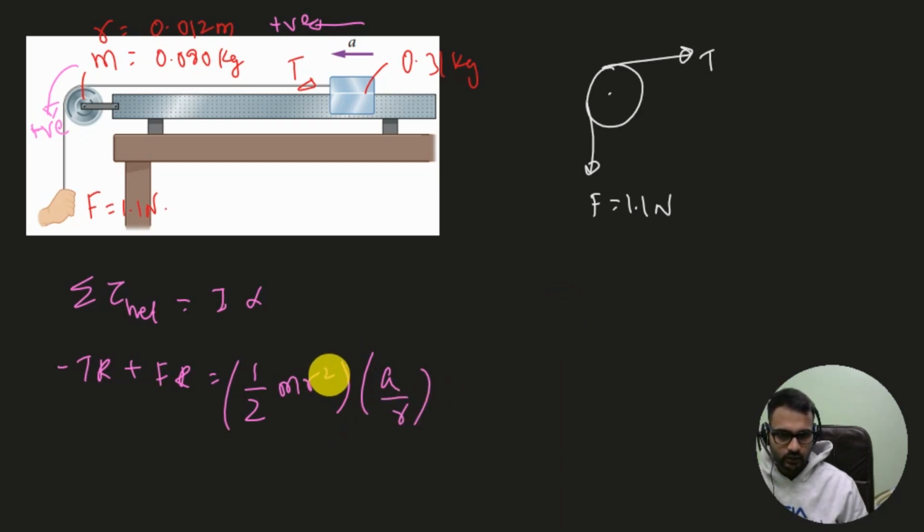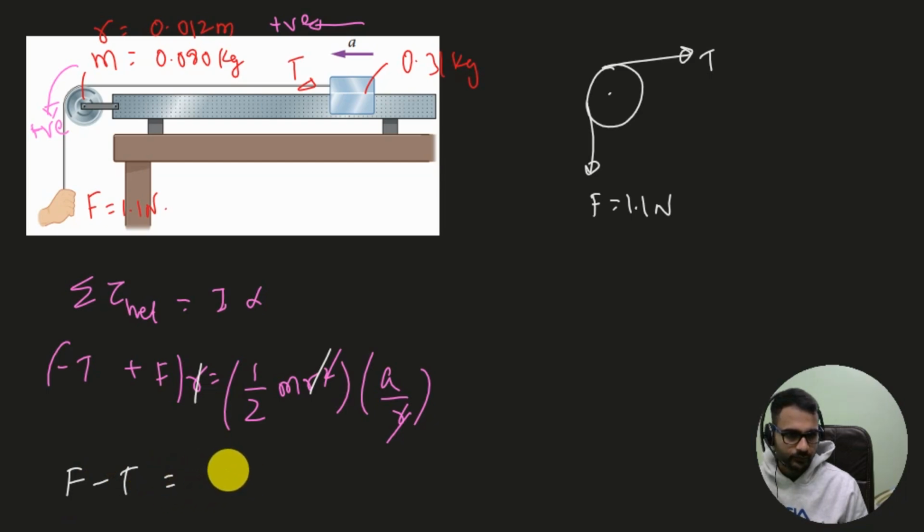Now this R and R will cancel, and also if you take R common here, this should be small r, not the capital one. If I take R common, this R and this R will also cancel. So what we are left with is F minus T is equal to M times A divided by 2.